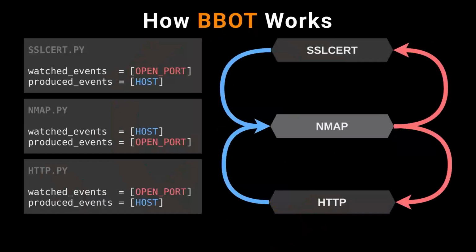So importantly, BBOT is recursive, and each of its modules, which it has 100 or so, they each take in a certain type of data and use that data to discover something else and then emit a different type. This example here, with just 3 modules, illustrates a simple scenario where enabling multiple modules allows them to work together recursively. We have SSL cert, Nmap, and HTTP. And we have color-coded red is open ports and blue is hosts.